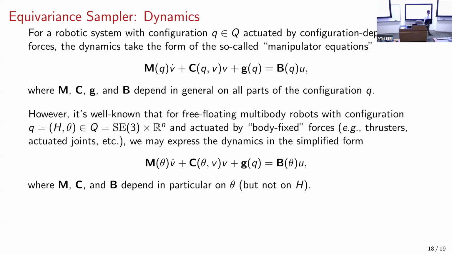Think about a space robot or a flying aerial robot that's actuated by body-fixed forces, whether propellers, thrusters, or the joint motors themselves. In that case, we can write these dynamics in a simplified form, where these matrices don't depend on the absolute pose. They only depend on the angles of the joints, right?